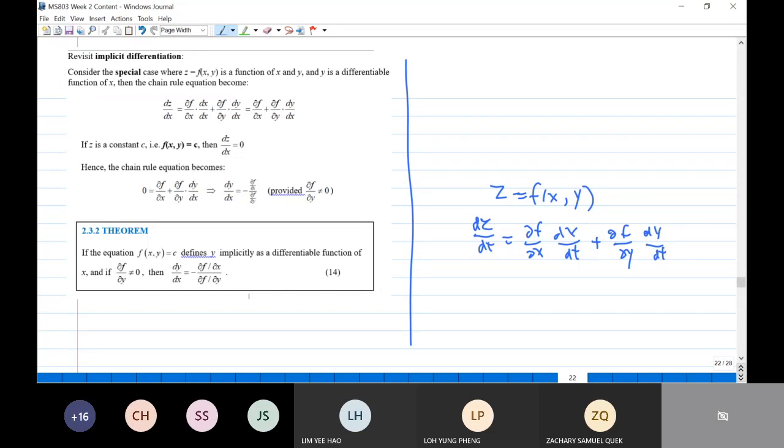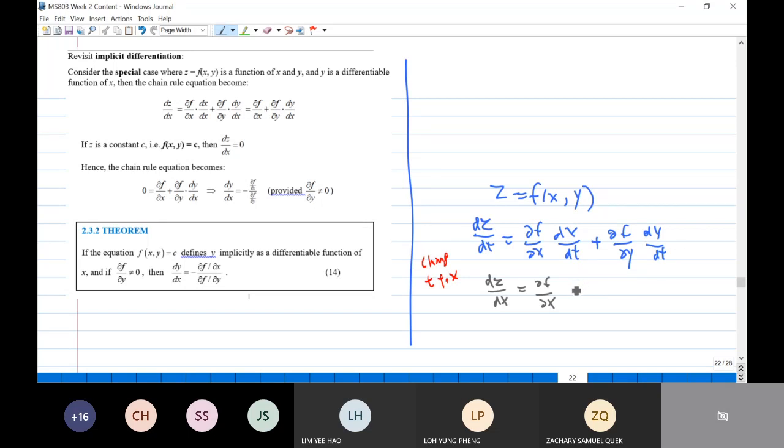Now, what happened if I change the t to x now? I want to change the formula so that t changes to x. Then you can get the rate of change of z with respect to x.